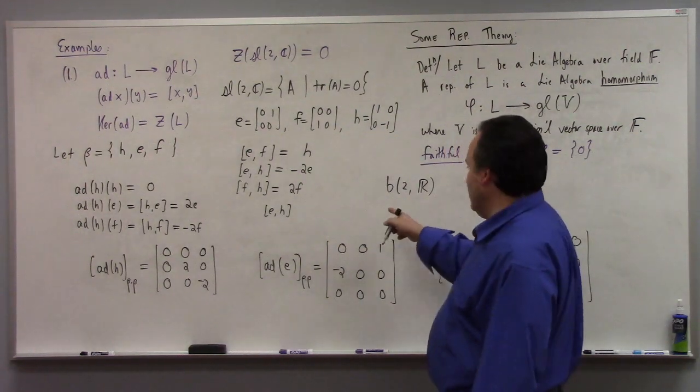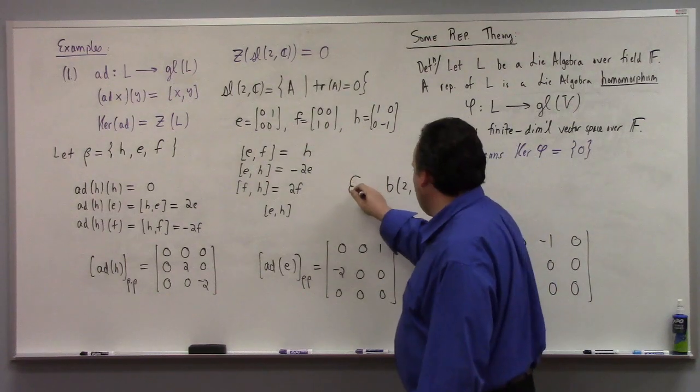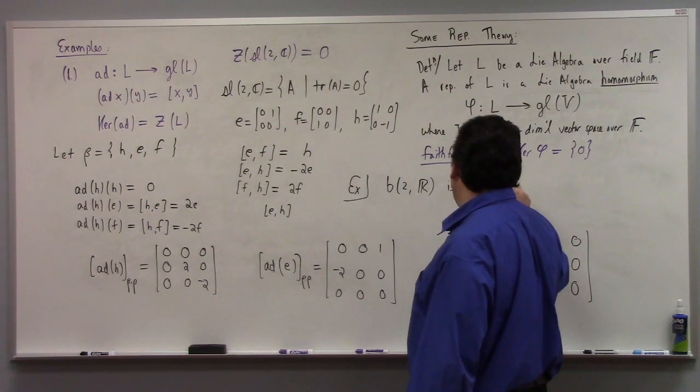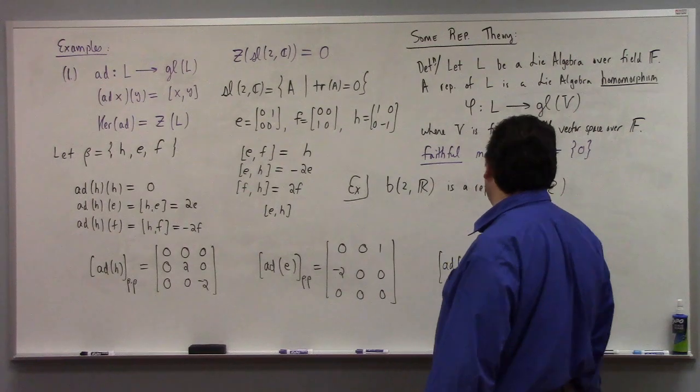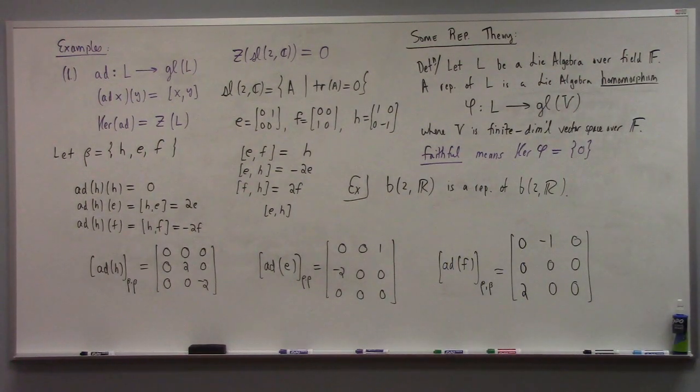I'm saying if we were to look at this, then it is a representation of B2R. So the point is it's already a matrix, right? It's a representation.